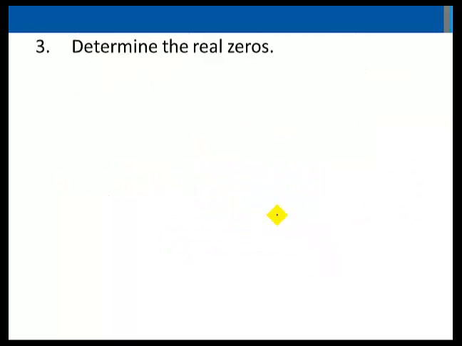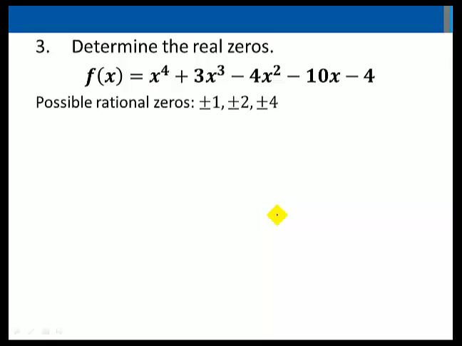Let's determine the real zeros. Recall the possible rational zeros are plus or minus 1, plus or minus 2, plus or minus 4. And I'll just pick one at a time. We'll start here with x equals 1. To determine if x equals 1 is a real zero, I'll use synthetic division, dividing f(x) by x - 1.